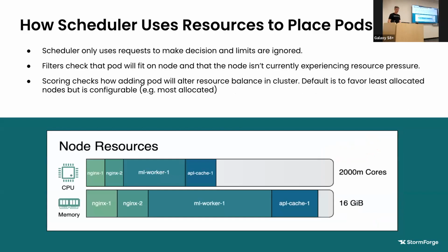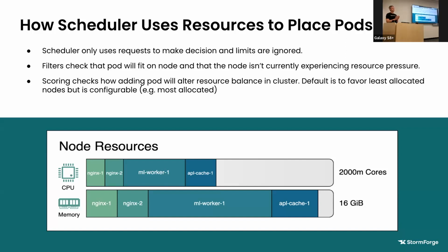And the other place that Kubernetes uses resources is in the scheduler. So the way scheduling works in Kubernetes, the scheduler gets a pod, and the scheduler's job is to say, okay, what node should I run that pod on? And the way it does, it's surprisingly complicated, but there's two main stages.